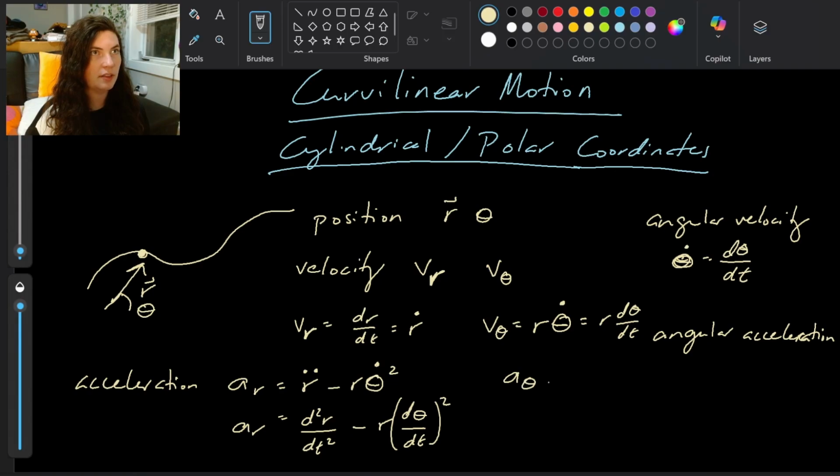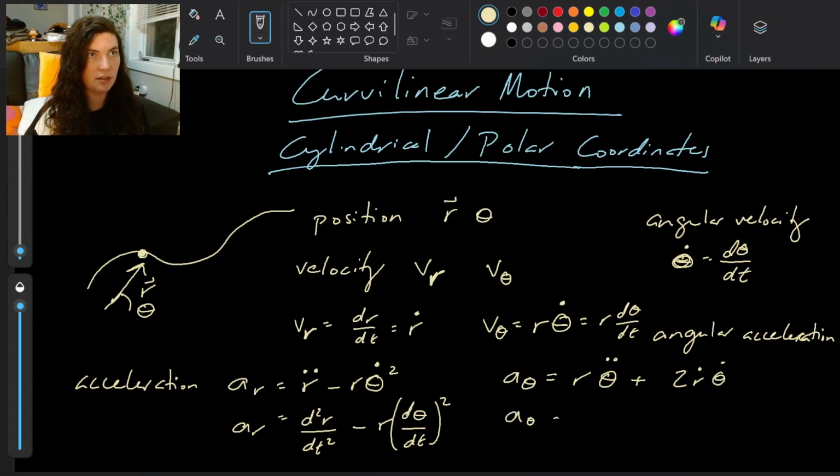And then we also have the theta component. Much like normal and tangential had an n-axis and a t-axis, here we have these r and theta axes, so to speak, where a_theta is r times the second derivative of theta, plus 2 r dot theta dot.